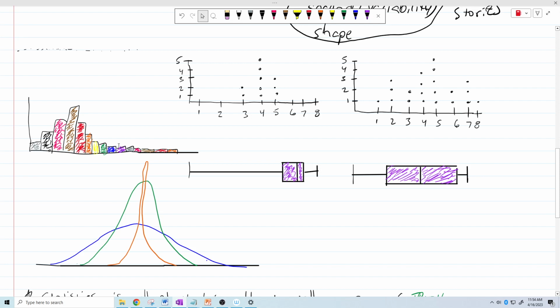Instead of the long tail going this way, the long tail would be this way, right? So the whisker is a long tail. All the data points, or most of them, are concentrated here in this little compact area. So there's a huge skew on this one.